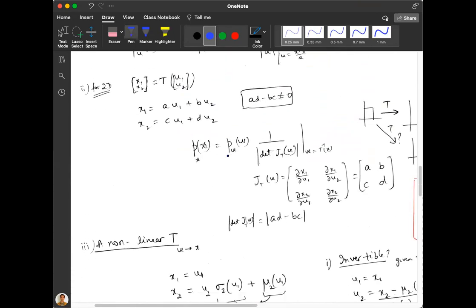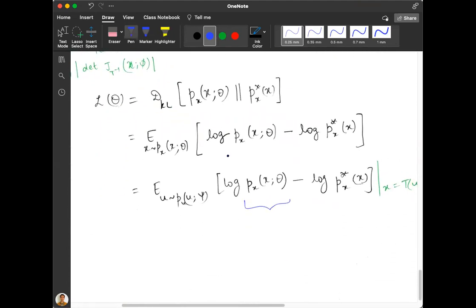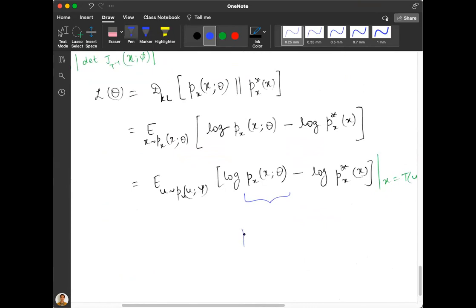Here we already know U. So this is P of u. So basically log of P of u, with u comma psi, sorry. Psi is an optional variable, right?